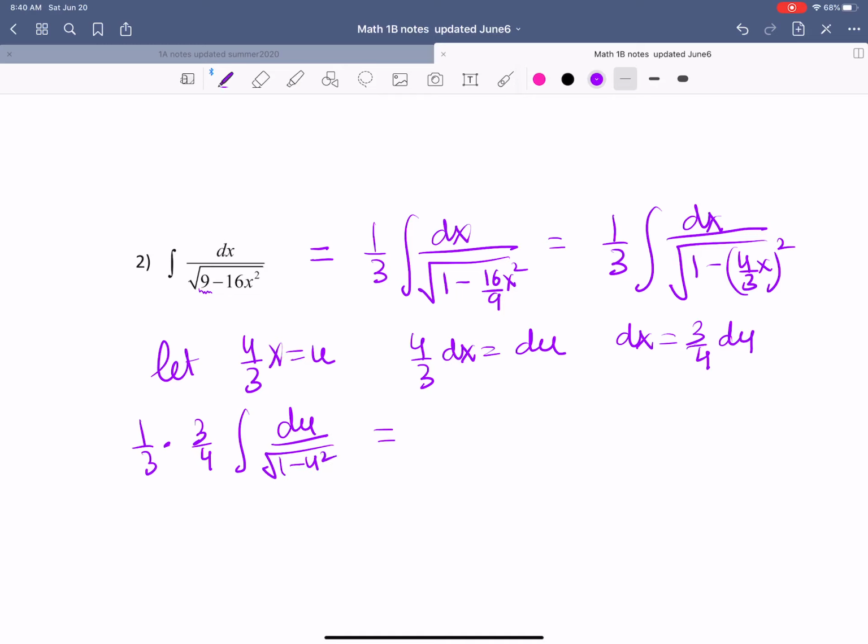The integral of that is sine inverse u. So we have 1/4 sine inverse u plus c. What was the u here? The u is 4/3 x, so 1/4 sine inverse of 4/3 x plus c.